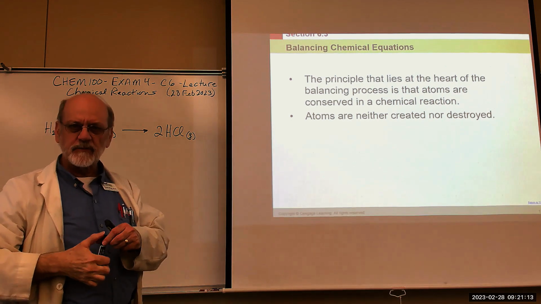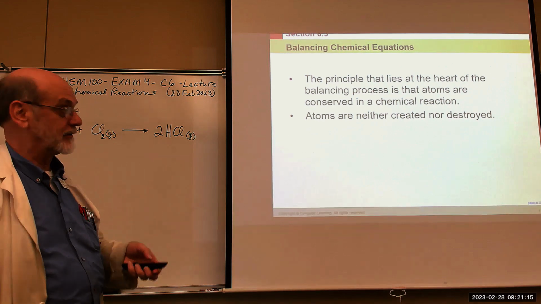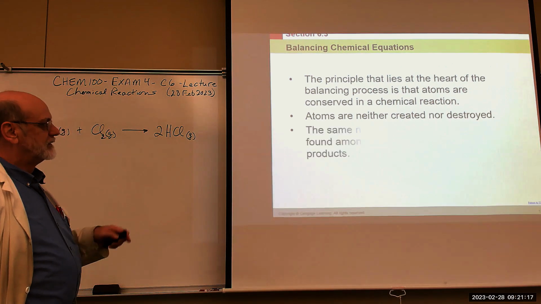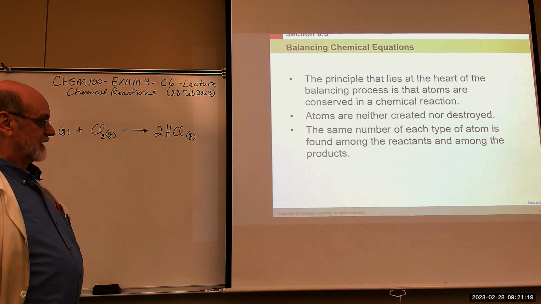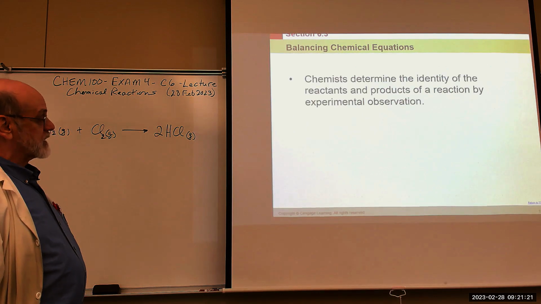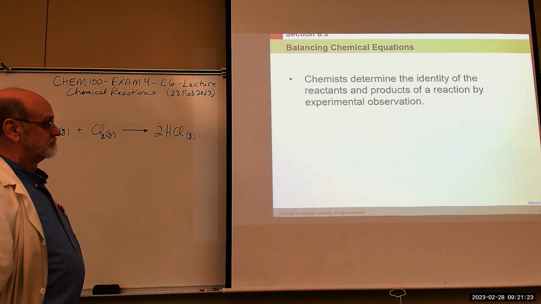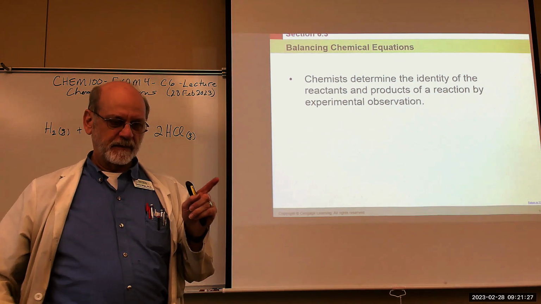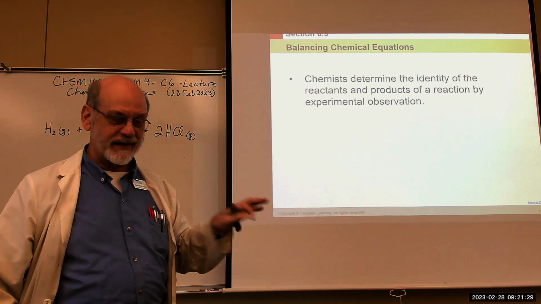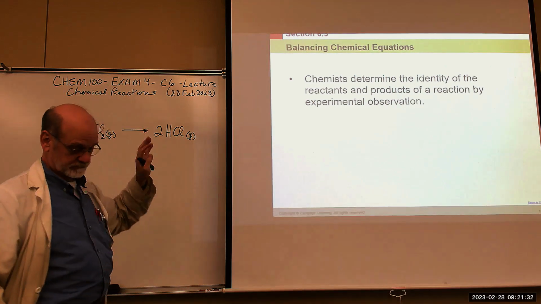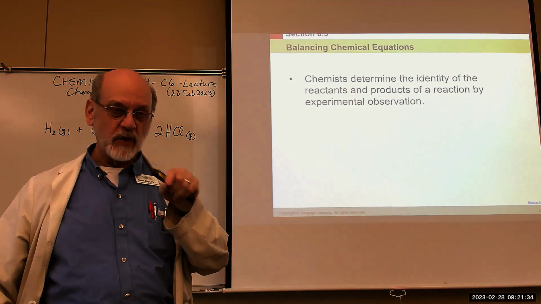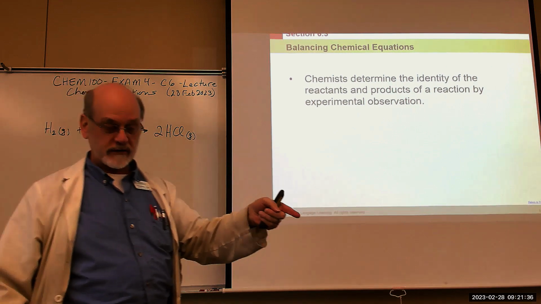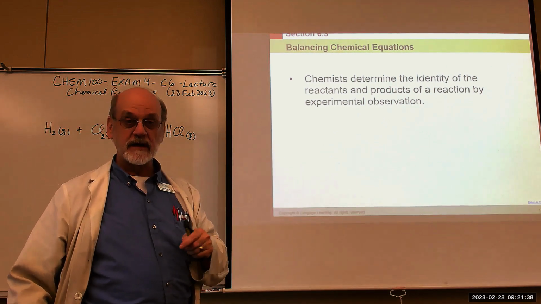Some of them are really easy, some of them are a little more difficult. Most of the time, when you're given a problem to write an equation like this, you will be given both the reactants and the products. Right?